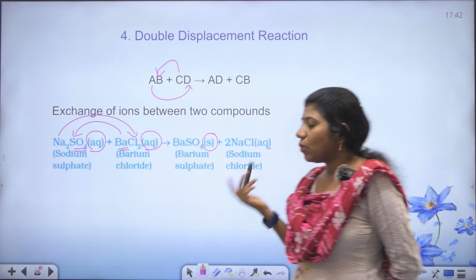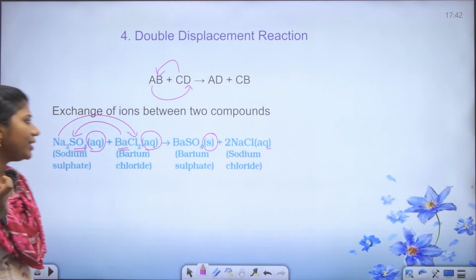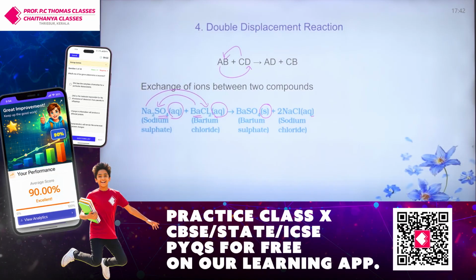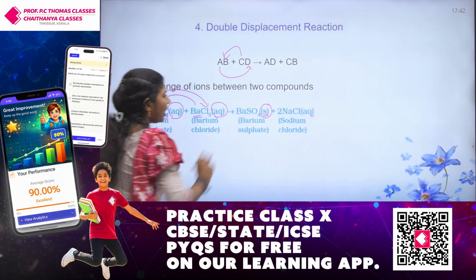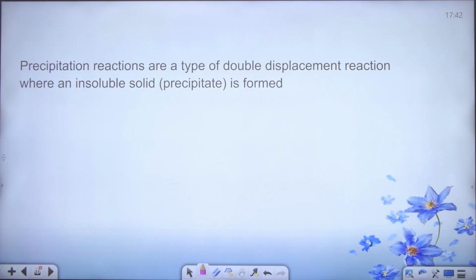That means when sodium sulfate reacts with barium chloride, a white colored precipitate will form. That precipitate is barium sulfate, because it is in solid state and precipitates out. That type of reaction is called a precipitation reaction.